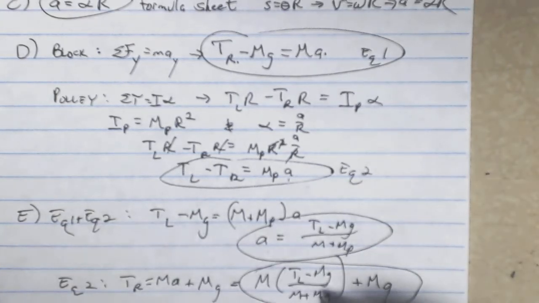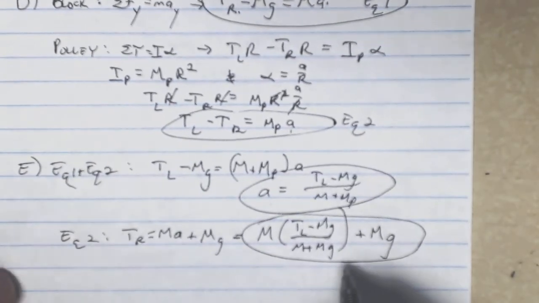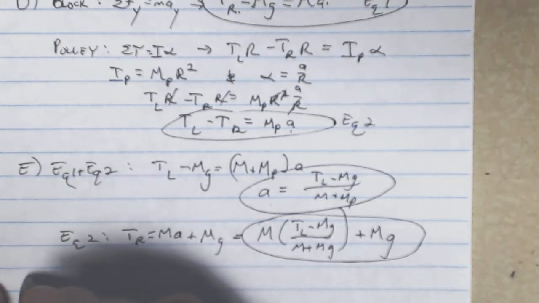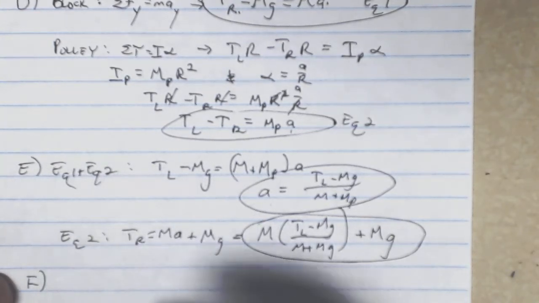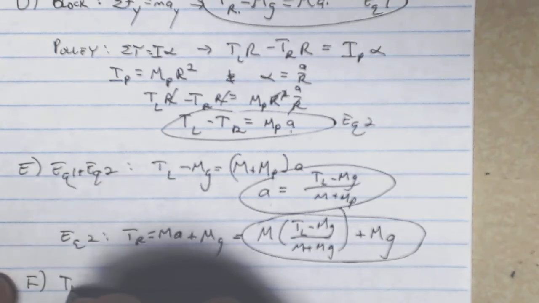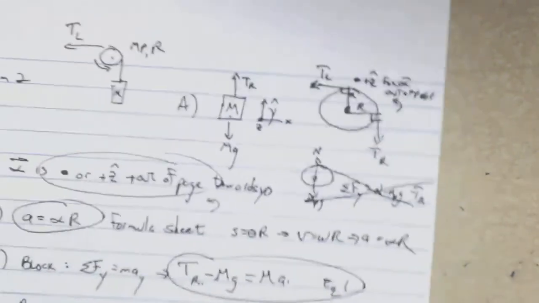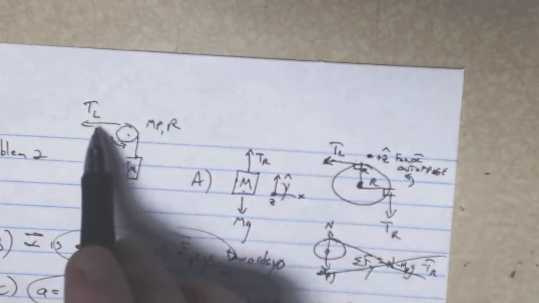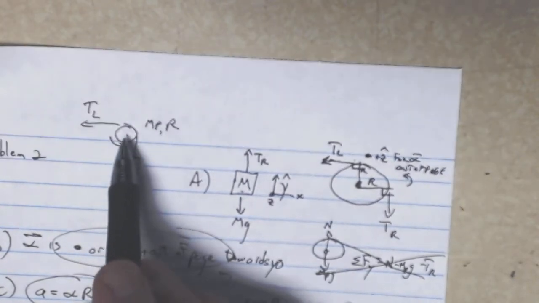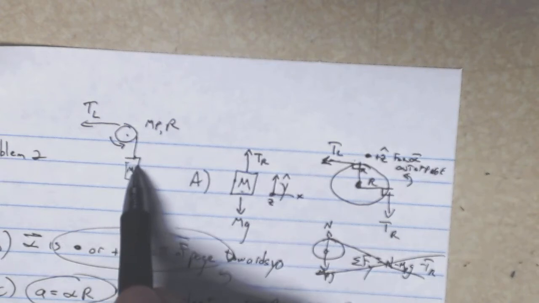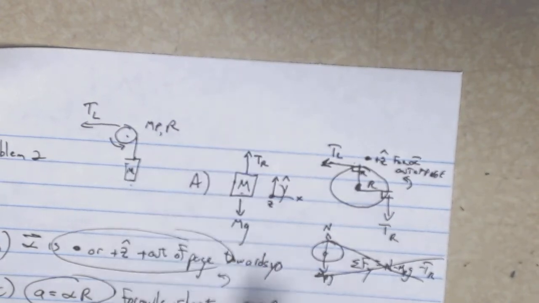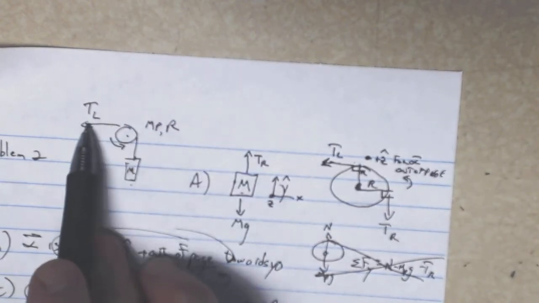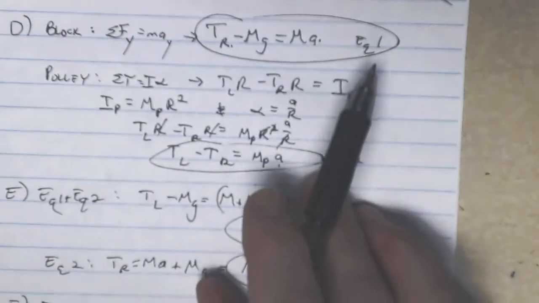And then to check my answers for reasonableness, what you're required to do in part F is to say, well, if you set TL equal to mg, you're just balancing the force of gravity. And so this thing, if it wasn't moving, would remain at rest. It could move at constant velocity, but it's probably easiest to think of it as remaining at rest if you just pull with TL equal to the weight of the mass.